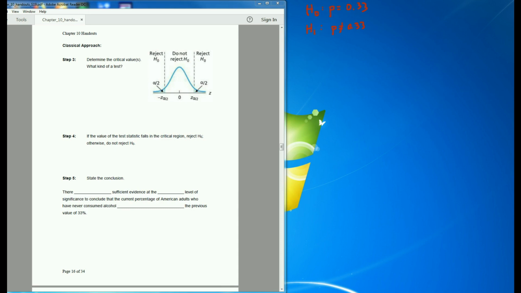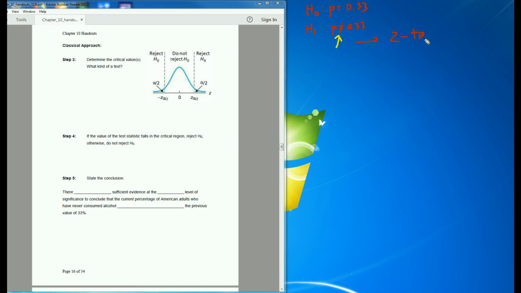Determining what type of test it is keys completely off the symbol in the alternative hypothesis, which in this case, because it is a not equals, means that it is a two-tailed test.